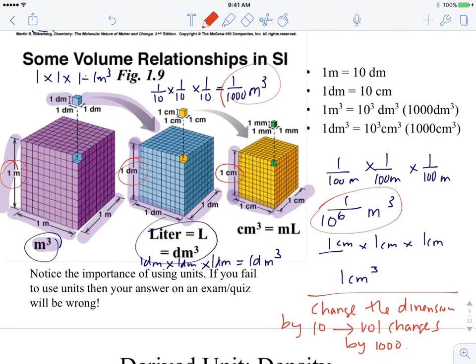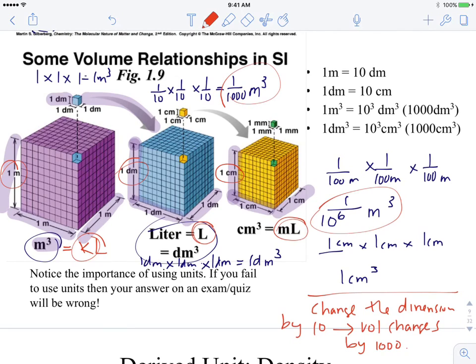And you can see that because we normally don't deal with the cubic part. We deal with liters, milliliters, and a meter cubed is actually called a kiloliter. So we have these 3 units, kiloliter, liter, milliliter, and they are all 1,000th of each other, even though the dimensions that make them up are only 1/10.